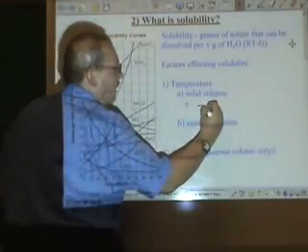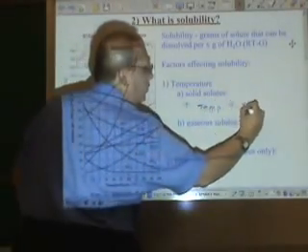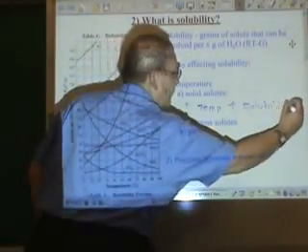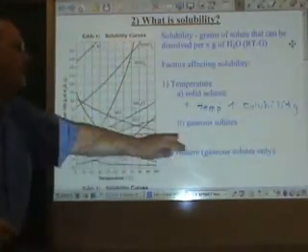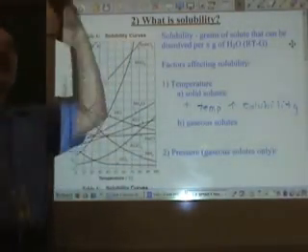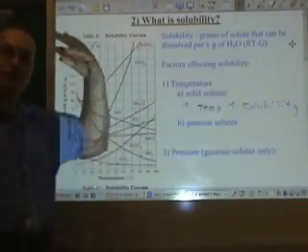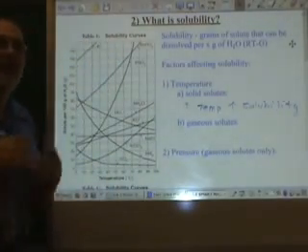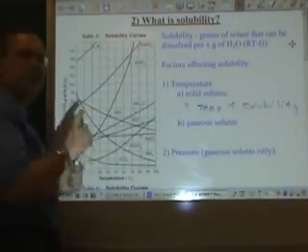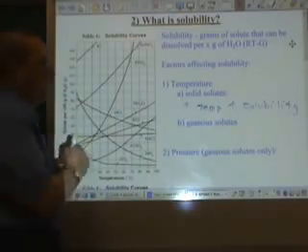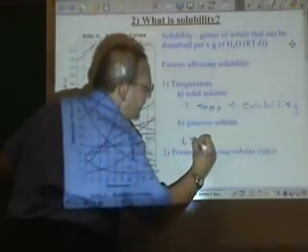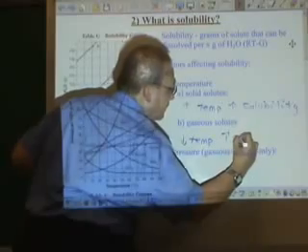Increasing the temperature on a solid solute is going to increase its solubility. But for gaseous solutes, gases already have high entropy. When you dissolve them in water, they act like a liquid. You're bringing their entropy down. That's not favored. Therefore, this will only be favored at low temperatures. Lower the temperature, increase the solubility.